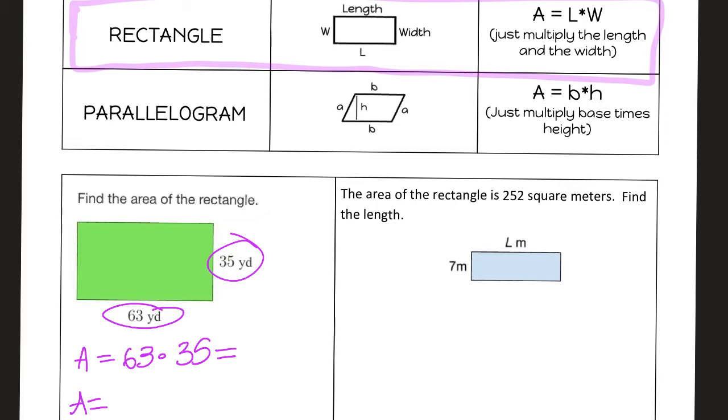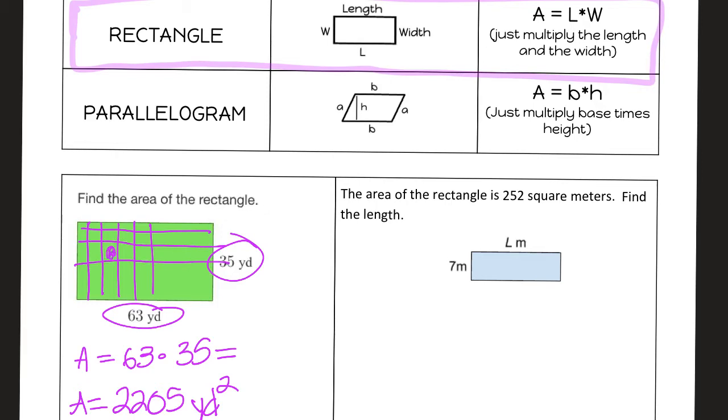And you should get 2,205 yards squared, or square yards, because if I filled it in with 1x1 yard squares, it would take 2,205 of these squares to fill this whole thing up.